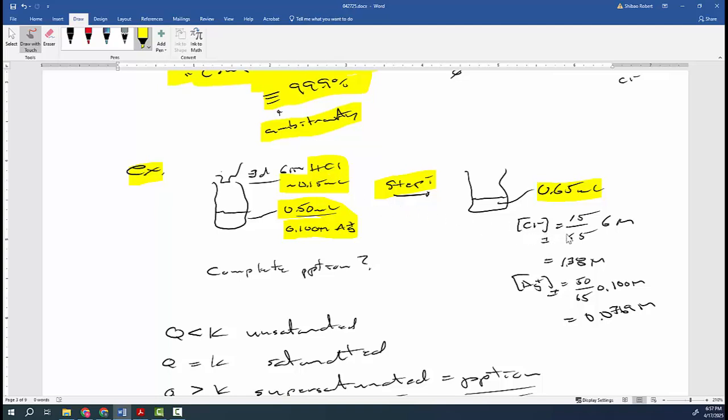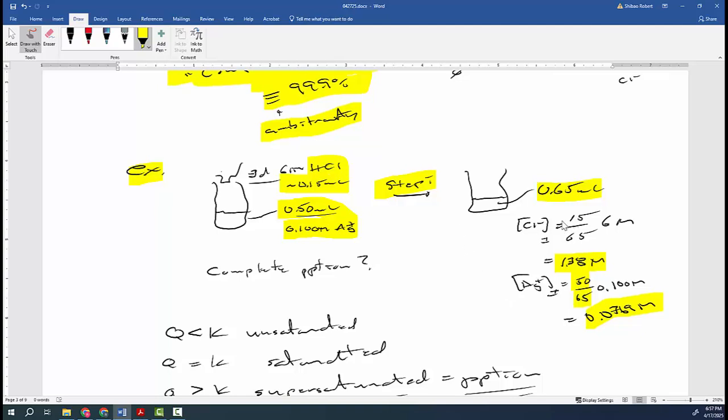The chloride initial after solution dilution will be a 15 to 65 dilution of 6 molar. That gives us 1.38 molar. And the silver ion is going to be a 50 to 65 dilution of 0.100 molar, which gives us 0.0769 molar.